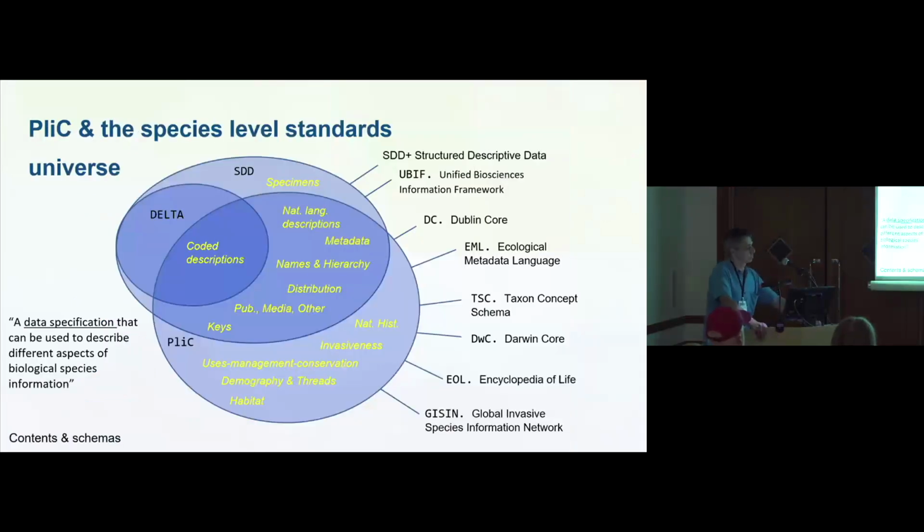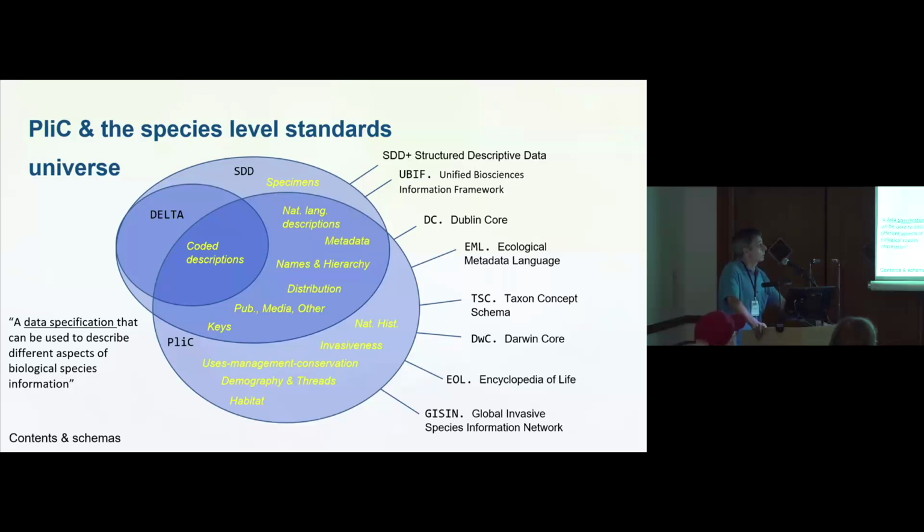So, Plinian Core in the landscape of the TDWG standards. There are a few data specifications dealing with species-level information, such as Delta, or the structured descriptive language, and in that realm also plays Plinian Core.